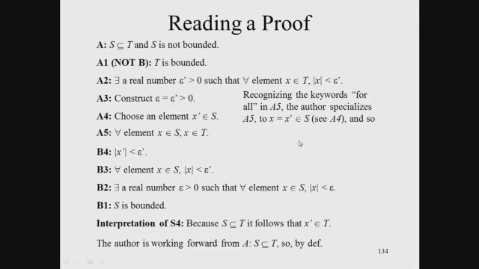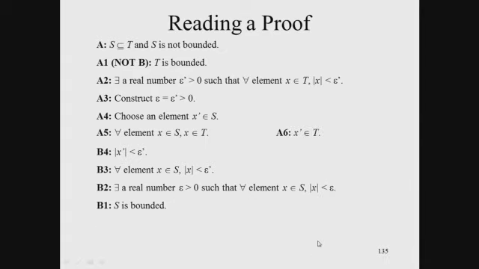Which particular value of x? X prime, an object with a certain property. And what's the result of specialization? X prime is an element of T, right? You apply the something that happens to this particular object that you are specializing to. So the result of specialization is a new forward statement, x prime is in T, and that's exactly what the author has written here.